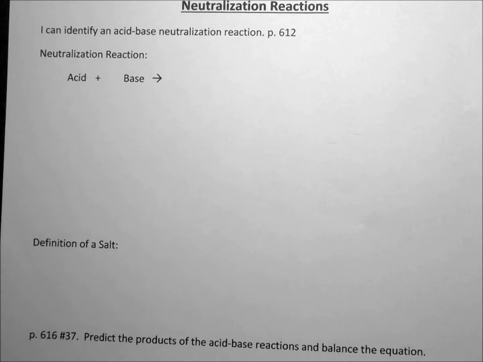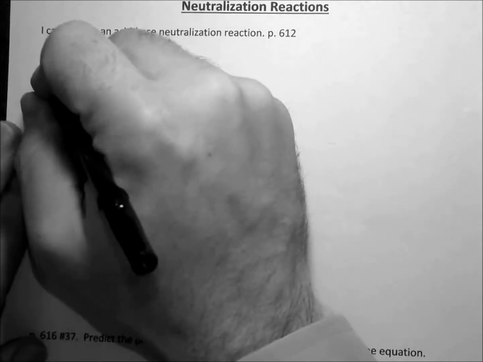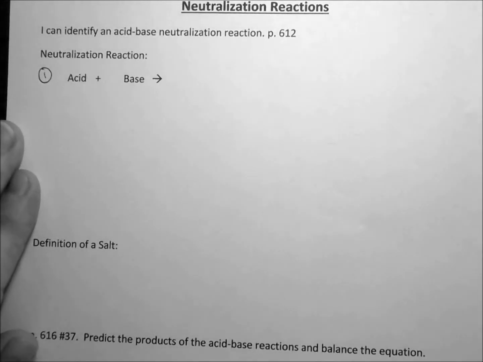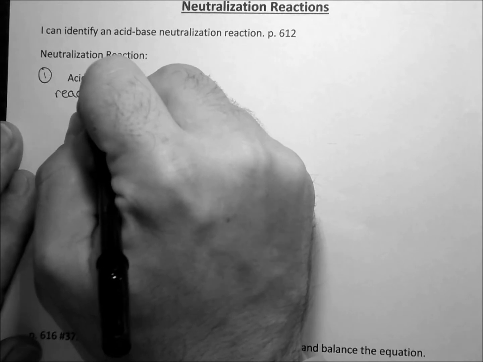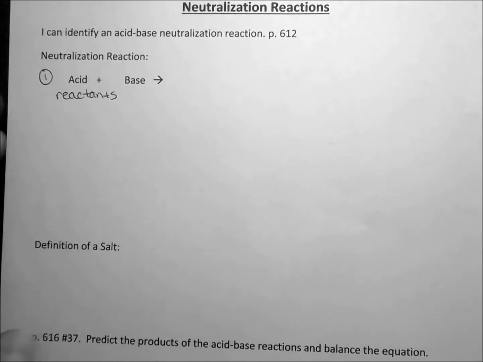Okay, there are two key parts to this, and you have to have them both. First of all, you have to have an acid and a base in your reactants. Now, before we get into the second thing, I just want to give you a brief description of what a neutralization does.